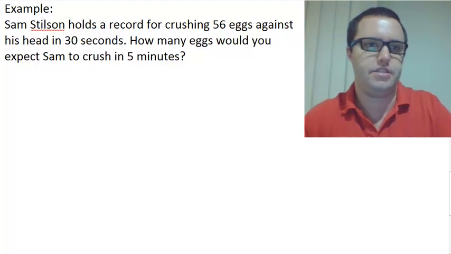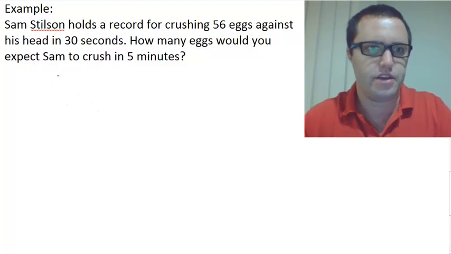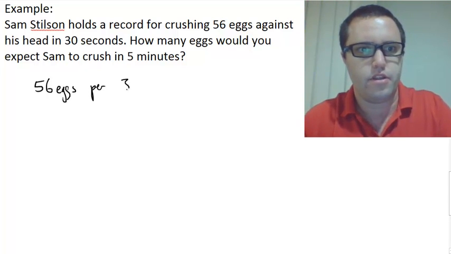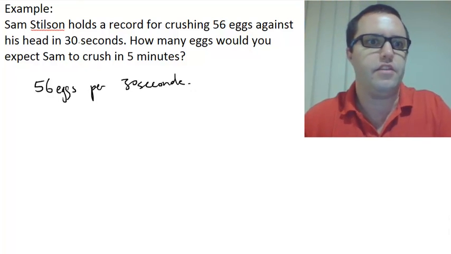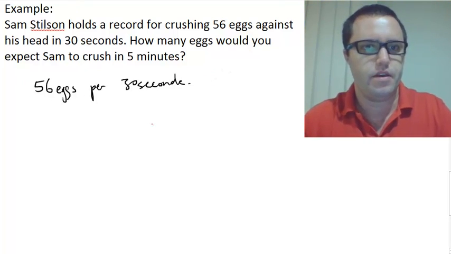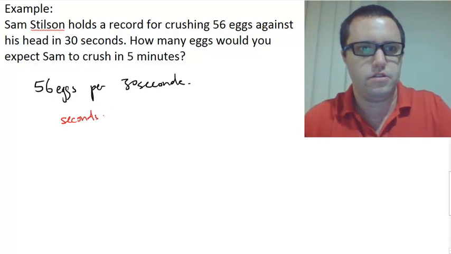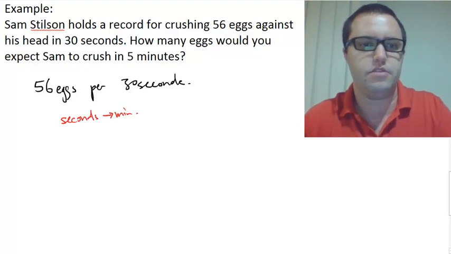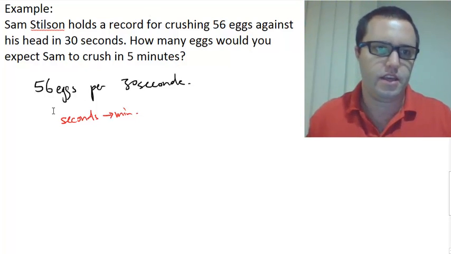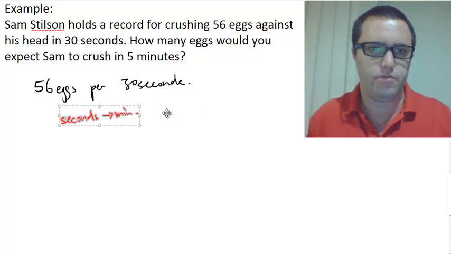So let's sort of set this up. We start off with 56 eggs per 30 seconds. Now the first thing we want to do is go from seconds to minutes, because we're looking for a final answer in per minute.